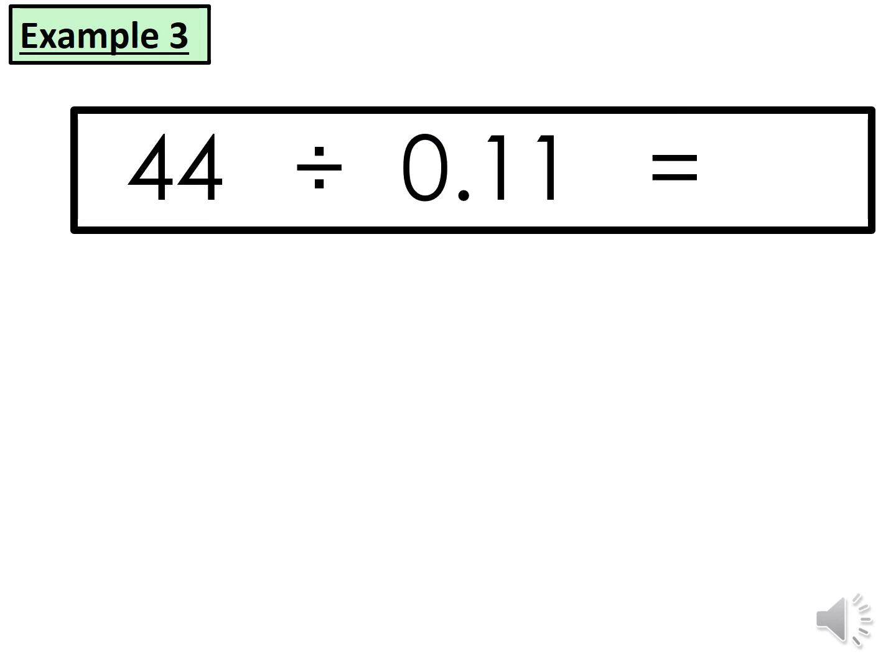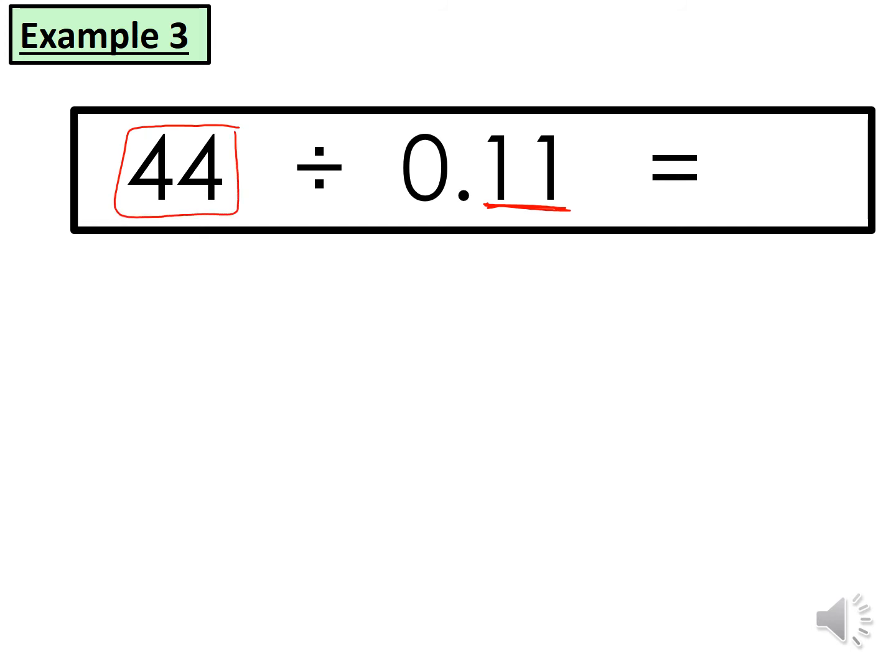Now I'm going to go through an example where we are dividing by a decimal that has two decimal places. When I say two decimal places, we have two numbers after the decimal point. This number here is a whole number, so it has no decimal place values.